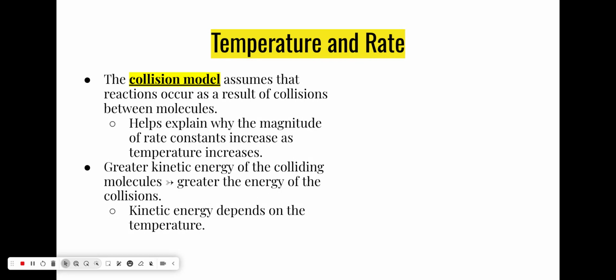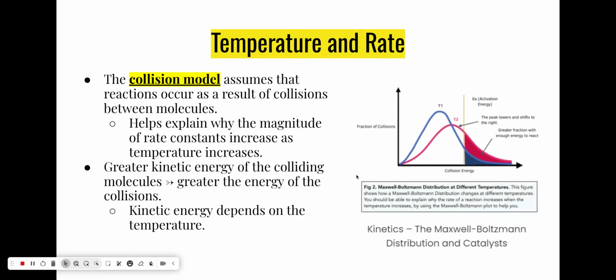Because remember, temperature is a measurement of how fast the particles are moving, what they're looking like in terms of motion. So if that's what temperature is measuring, it measures the kinetic energy, then kinetic energy in and of itself is dependent upon temperature, right? So we take a look at this Maxwell-Boltzmann distribution.